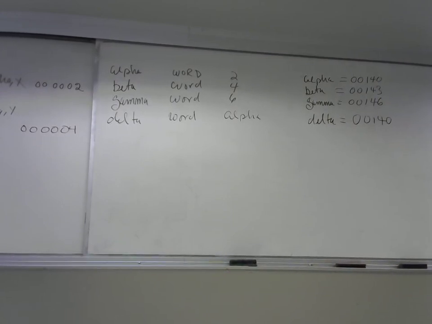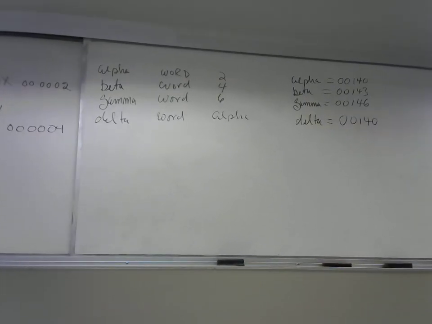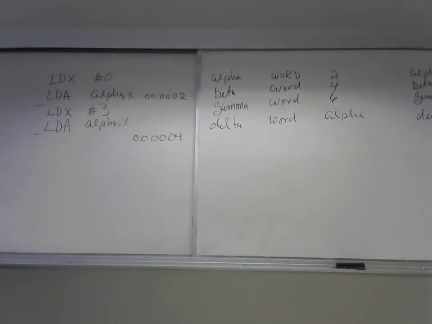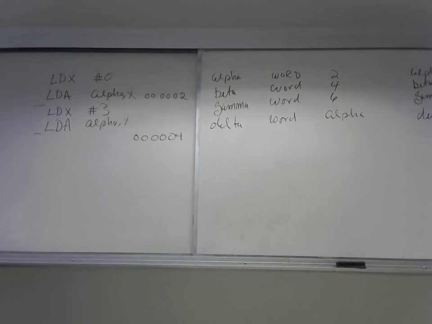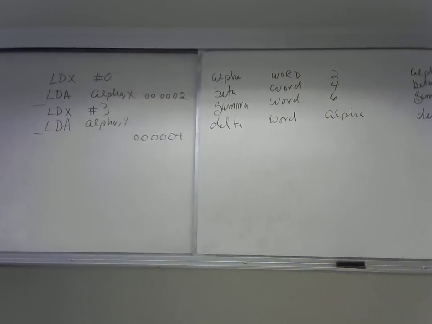So does everybody understand why I didn't put delta word pound sign alpha? Pound sign alpha would be an error. It wouldn't mean anything. If we were allowing it, you're going to get an undefined symbol, right? But you'd have to have a pound sign as the starting character for your label, because the pound sign is just a character like any other. It doesn't mean anything like the address of it. Not in storage allocations. Okay.